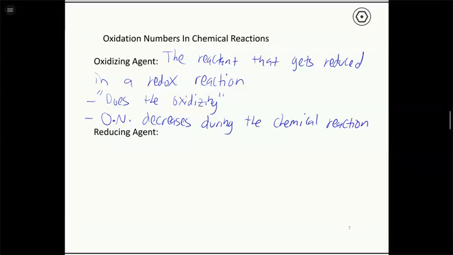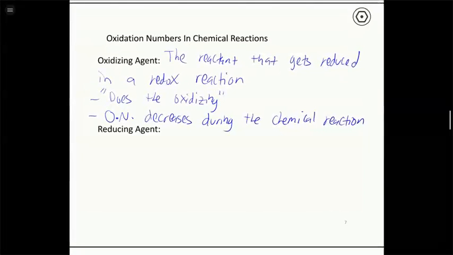We'll see a bunch of examples of this, but basically if the oxidation number goes from something higher to something lower during the course of the reaction, so we find the oxidation number on the product side, if it's lower than what it was on the reactant side, that means it's getting reduced, which means it's the oxidizing agent. The reducing agent is the exact opposite. It's the reactant that gets oxidized.